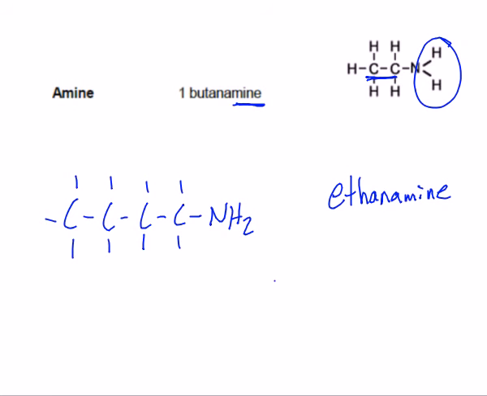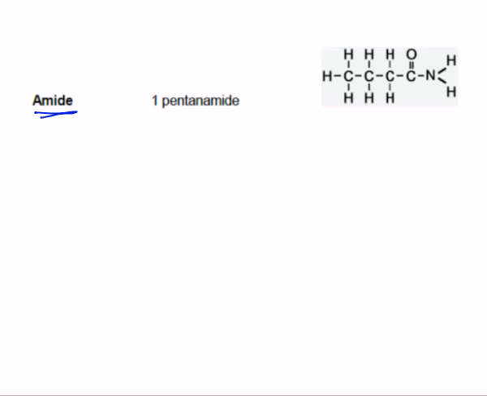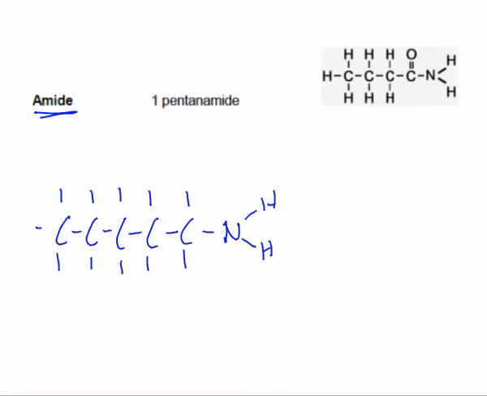Ethanamine. And the last functional group, guys, is the amide. So pentanamide, 1, 2, 3, 4, 5. And your nitrogen's going to hang off of it with hydrogens right there, and all your carbons have them as well. Count them up, 1, 2, 3, 4.